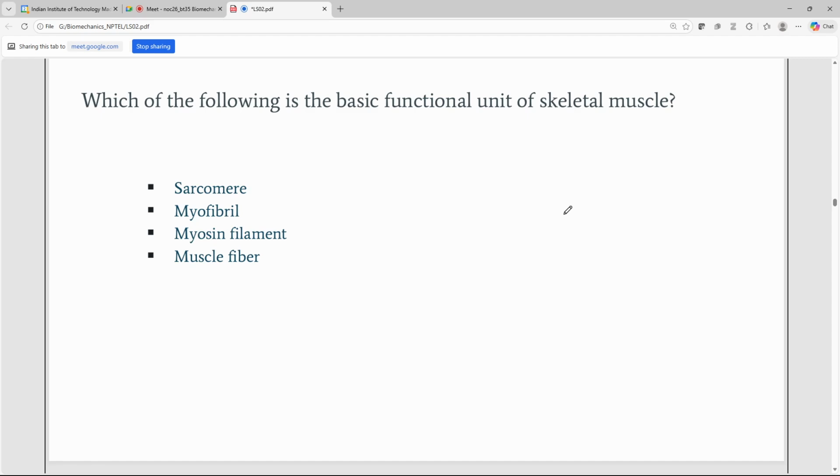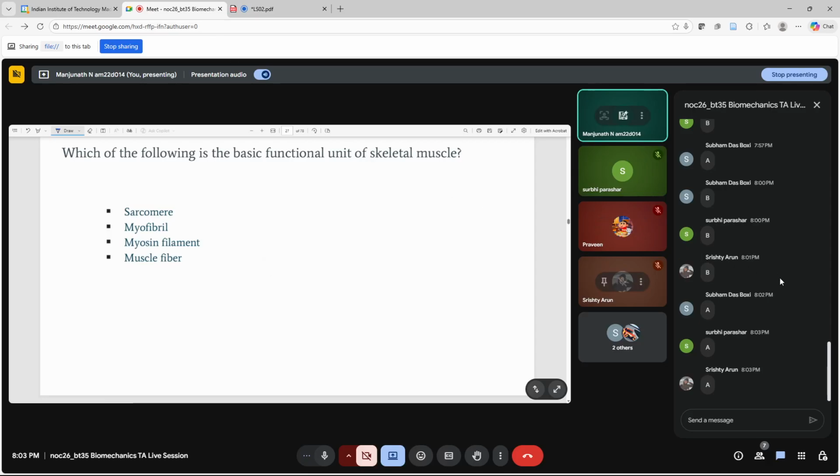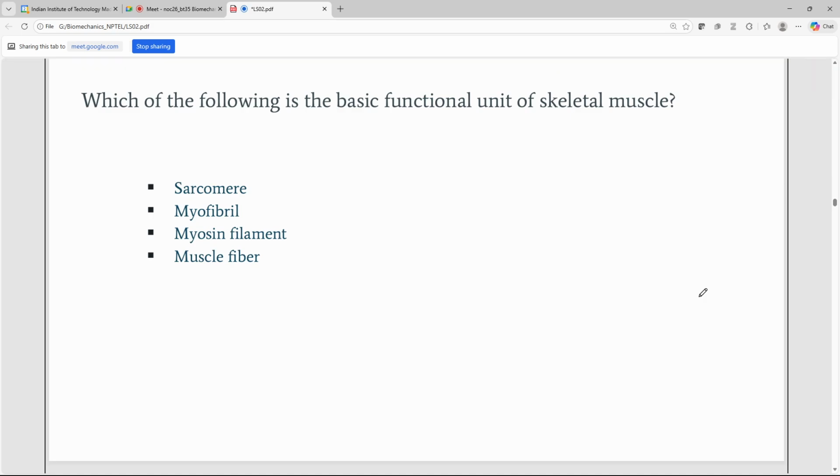Options are sarcomere, myofibril, myosin filament, muscle fiber. Repeating the question: which of the following is the basic functional unit of skeletal muscle? Yes, the basic functional unit of a skeletal muscle is called a sarcomere. Option A.